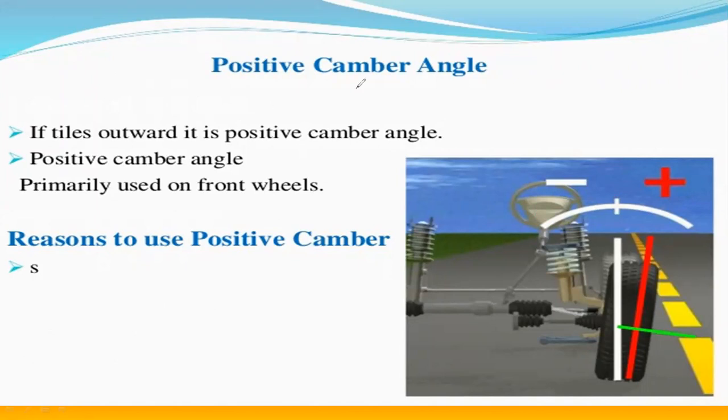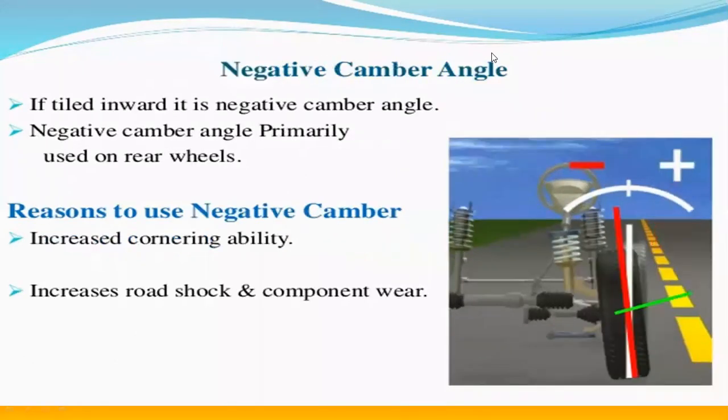And next you can see the negative camber angle and the difference between the positive camber angle and the negative camber angle. For the negative camber angle, the tire is placed on the negative side, that means the left side of the vehicle.